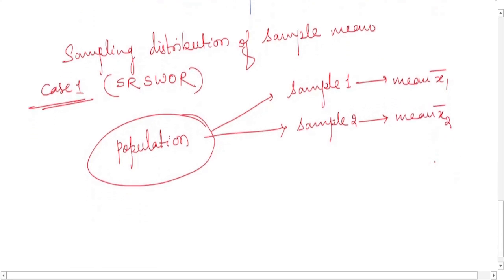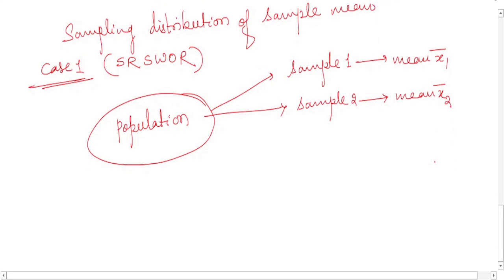So every sample of the same size we are taking from the population. Here in sample 1, if there are 10 units, the sample mean of 10 units we denote by x bar. Similarly in sample 2 also 10 units we take with simple random sampling, which is a probabilistic sampling, where the probability of choosing every unit is equally likely.